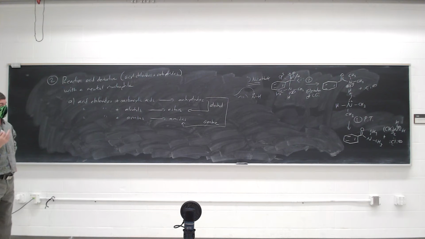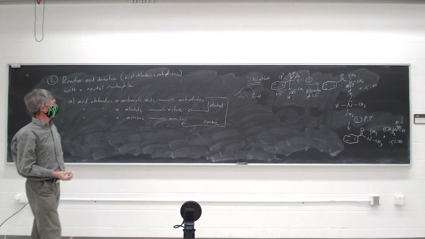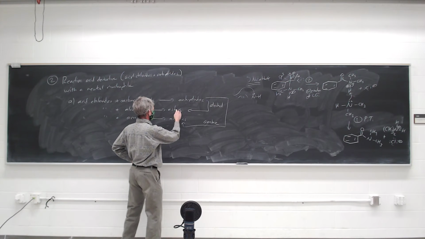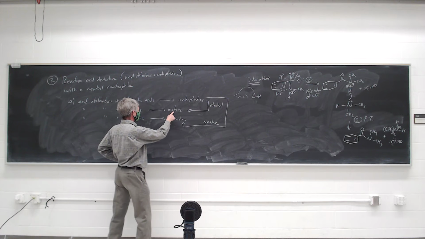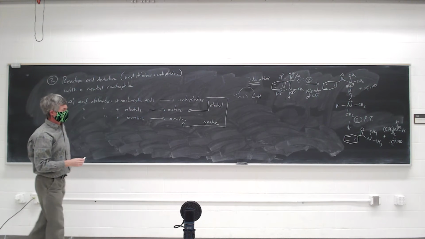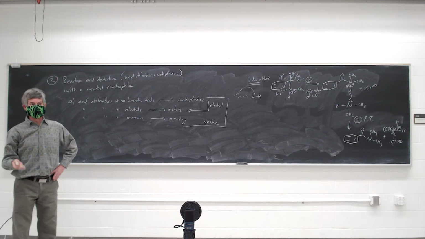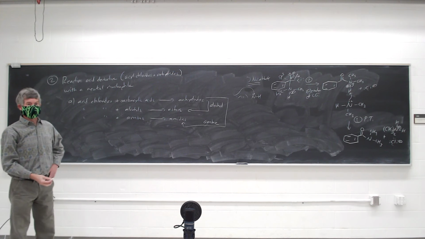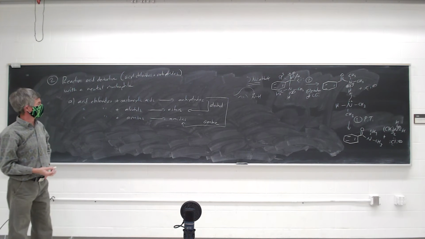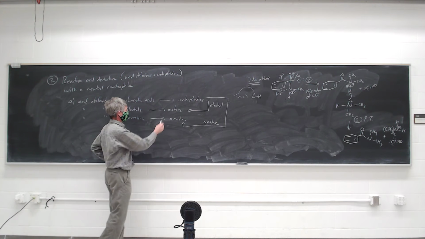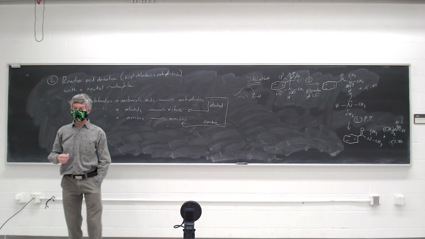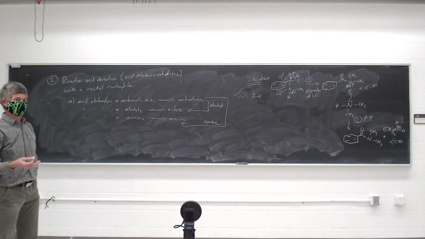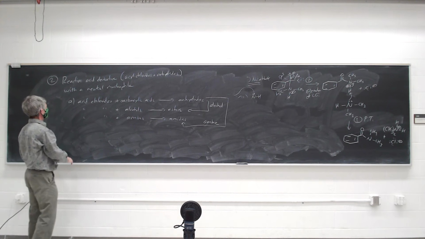Anhydrides are reactive enough to react with neutral nucleophiles to go to the less reactive material. Esters can be converted into amides, but not using neutral amines. The ester is not reactive enough for the neutral amine to go. To get an ester converted to an amide, we needed to use the amide ion, the basic reaction, which was number one.